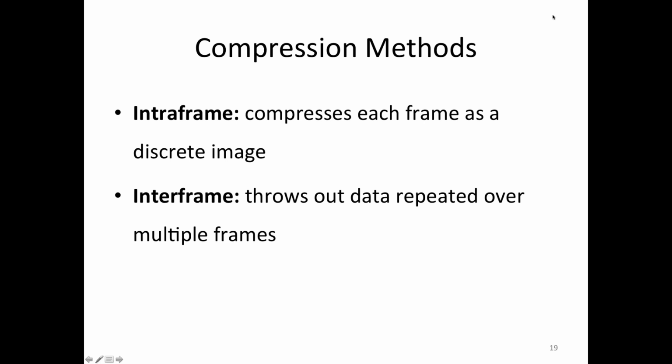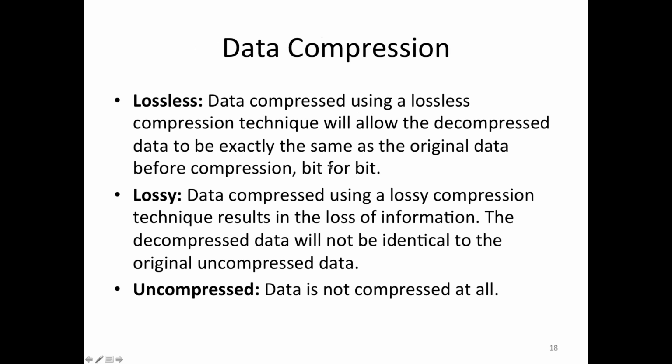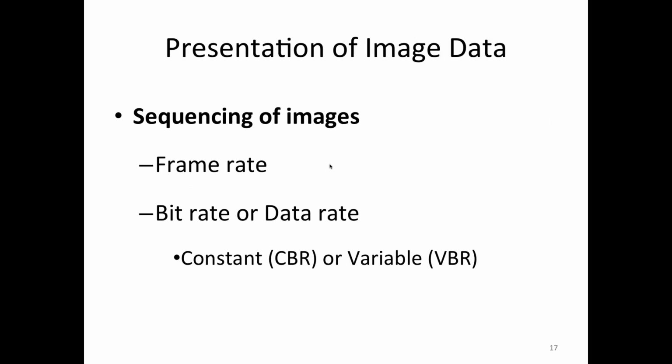PAL and SECAM systems use 25 frames per second, and NTSC video uses 29.97 frames per second. Other frame rates are also in use, and there's an ongoing trend to use much higher frame rates for HD and UHD workflows, especially in fast motion imagery.